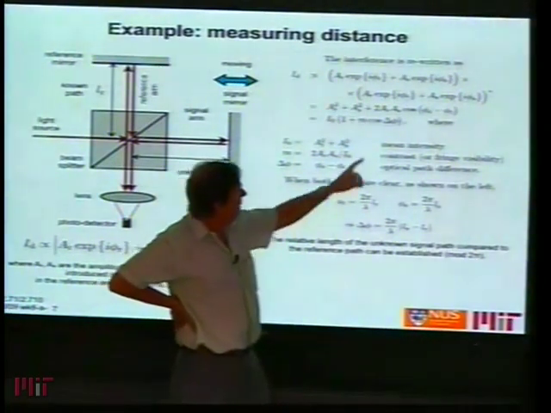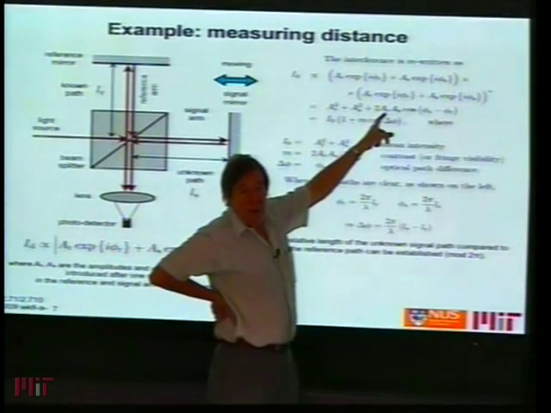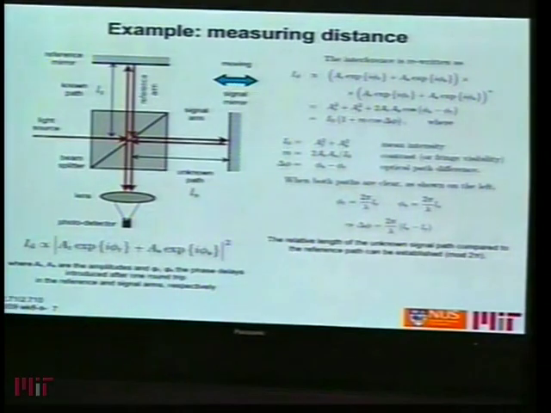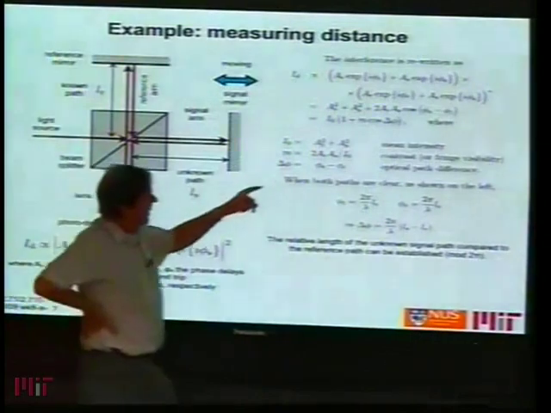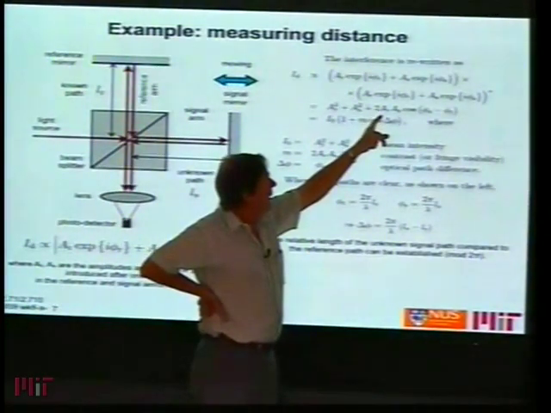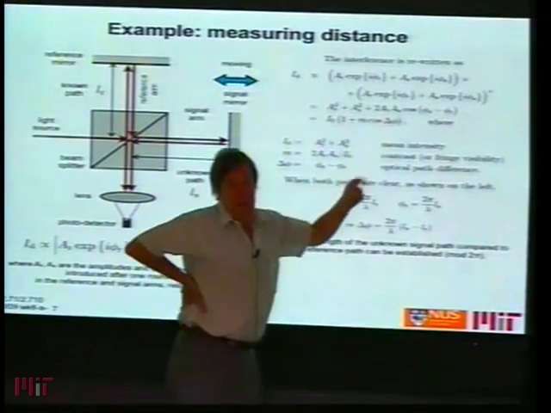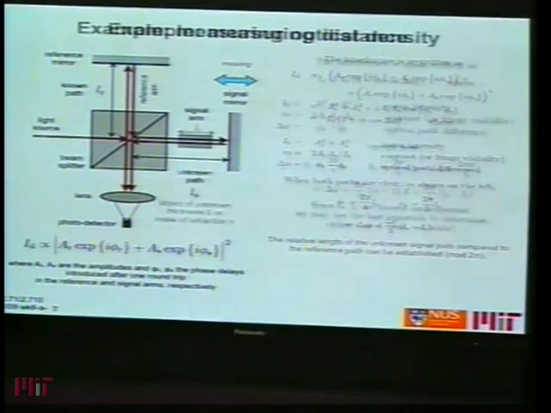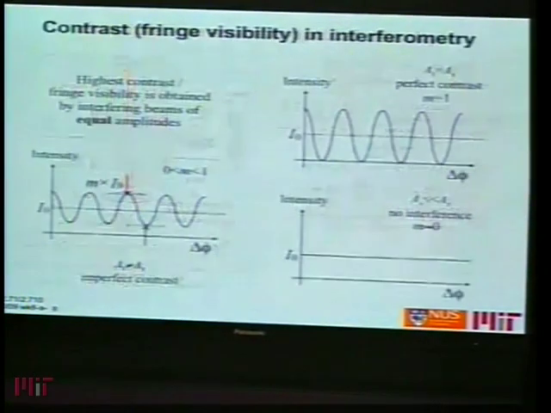But nevertheless, it does make this term bigger. So if what you're trying to do is measure this signal in some background of noise, it's sometimes a good thing to make AR bigger than AS, because as you increase AR, it increases the strength of this interference term, and that's the principle that's used in heterodyne interferometry. So it's not always true that you try and make the contrast as big as possible.